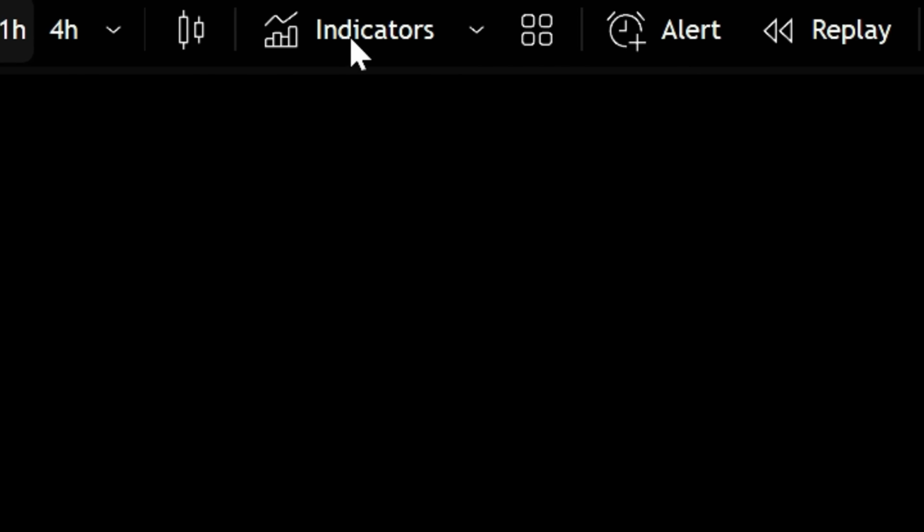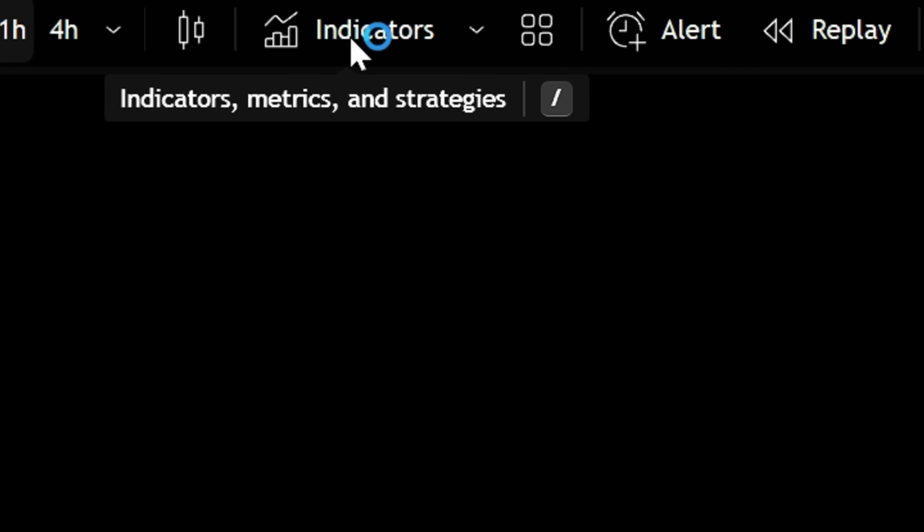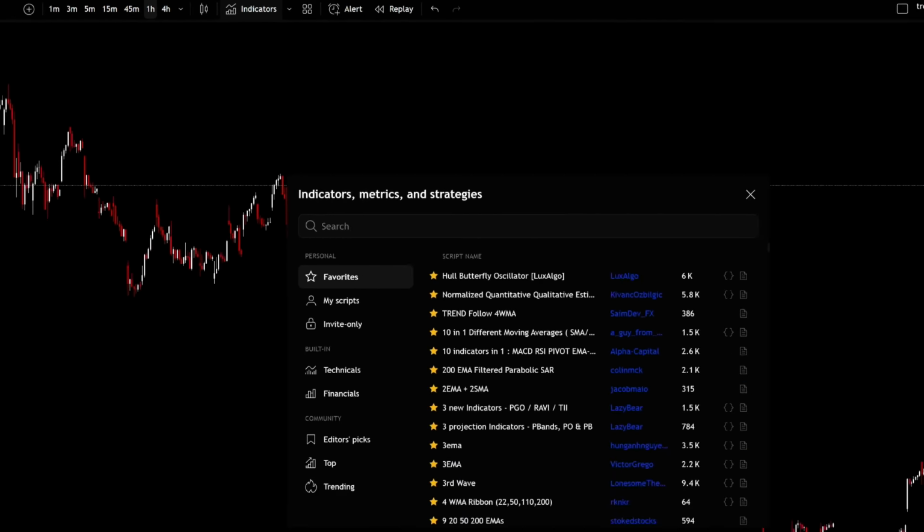So head back to the indicators and add the Donchian Trend Ribbon.